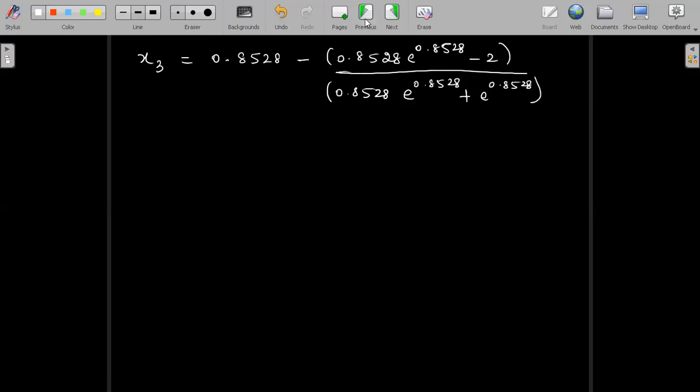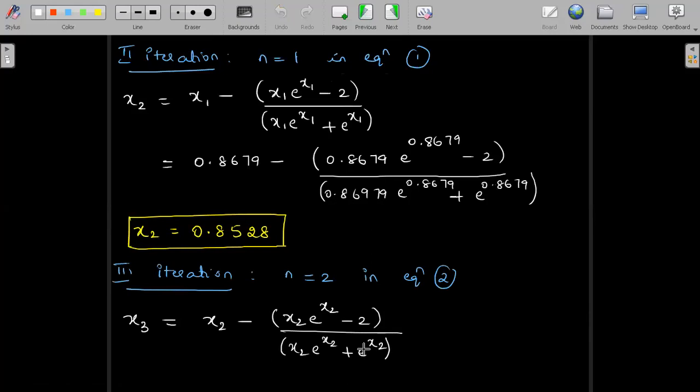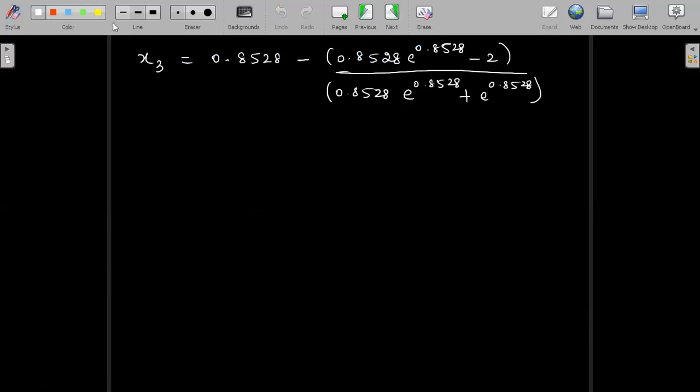So every time I am substituting the value of x2 throughout. So this on simplification gives us the approximation for x3. So x3 up to 4 decimal places is approximately equal to 0.8526.